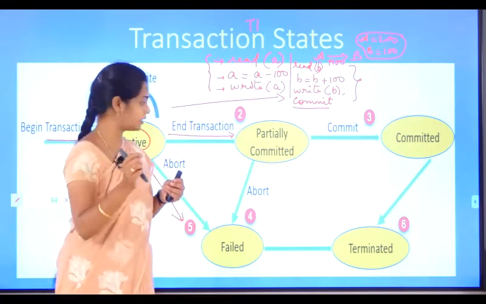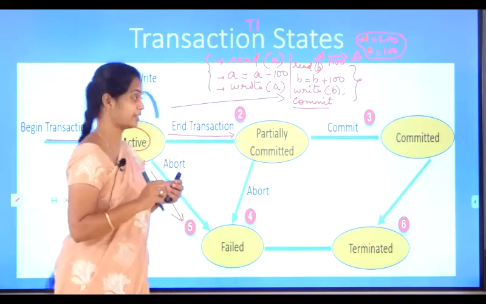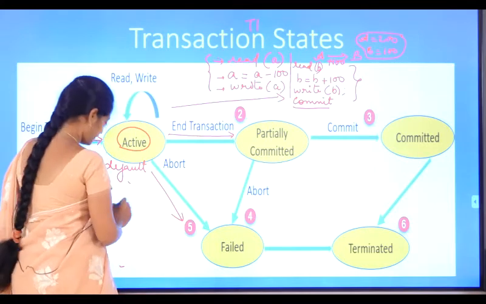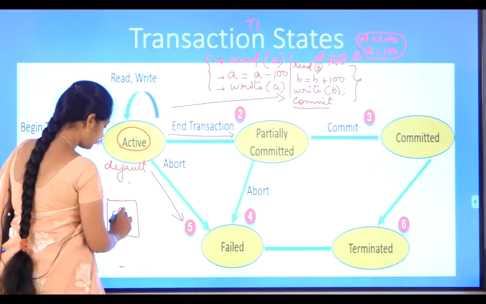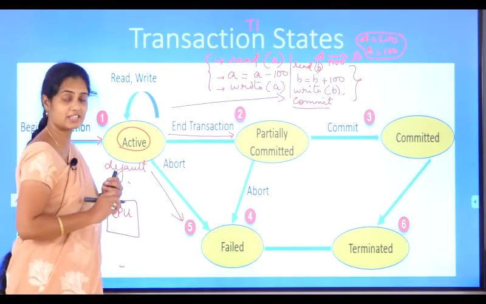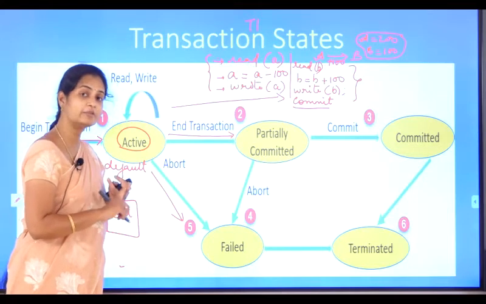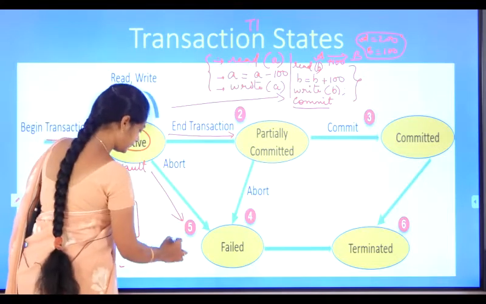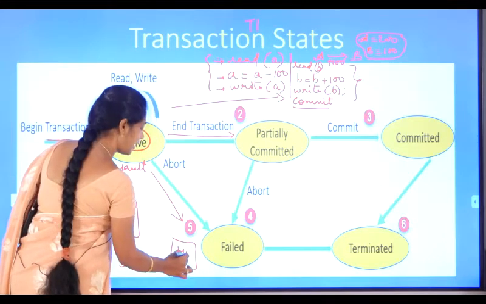Let me give a small summarization about the architecture here. We have the CPU. The CPU executes all instructions, but where will the data be? The data will be in secondary memory, that is, in the hard disk.